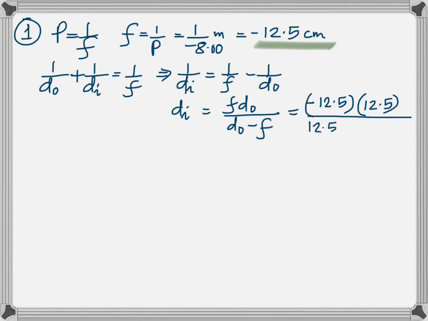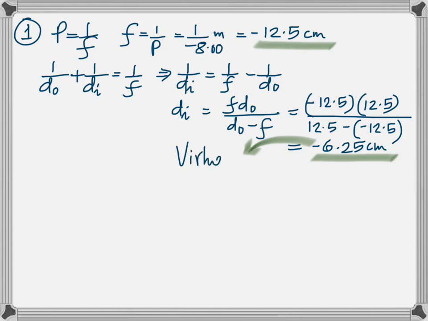Remember, DO, the object distance, is always positive. F is negative for a diverging lens, and F is positive for converging. Now, since you get DI as negative, that means it's a virtual image.